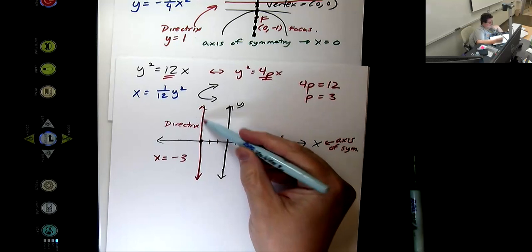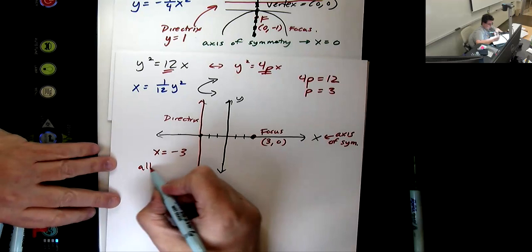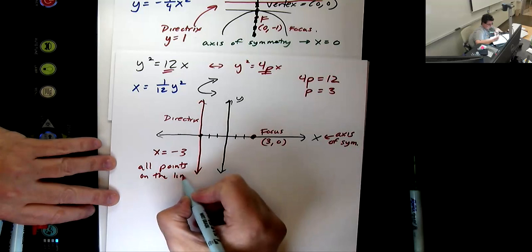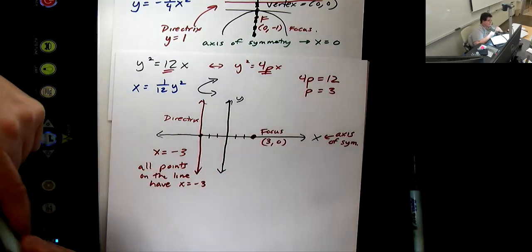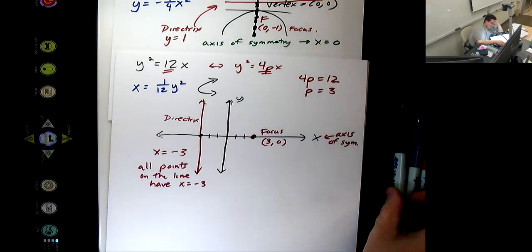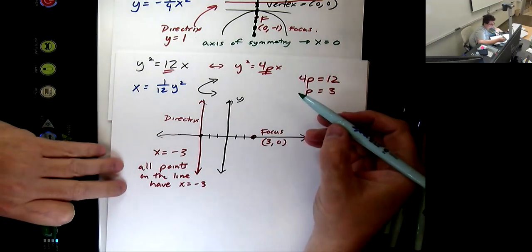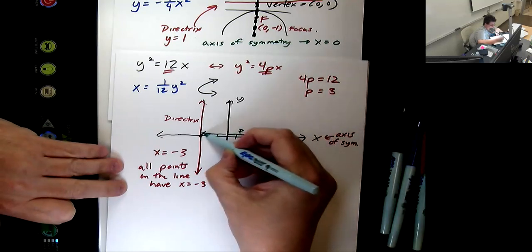All the values along this line have the same x. P is the distance to the focus, so it would be in between, like that length right there.